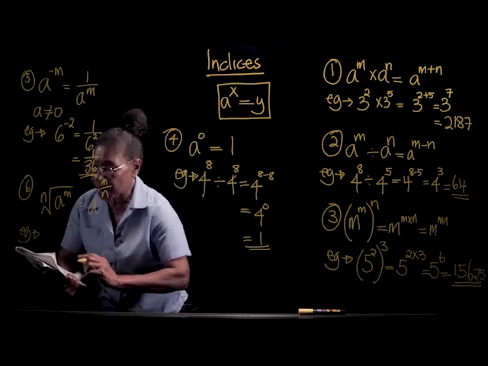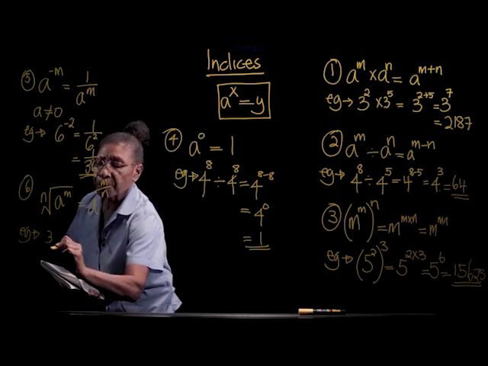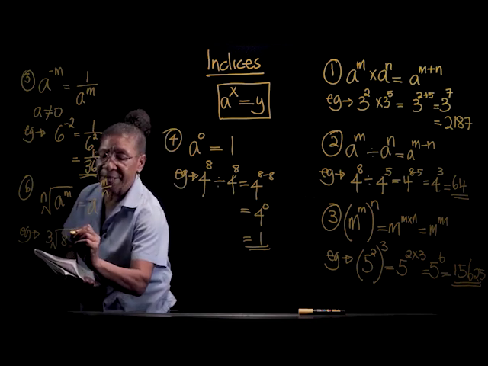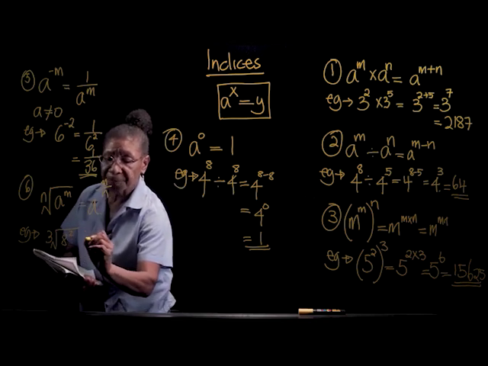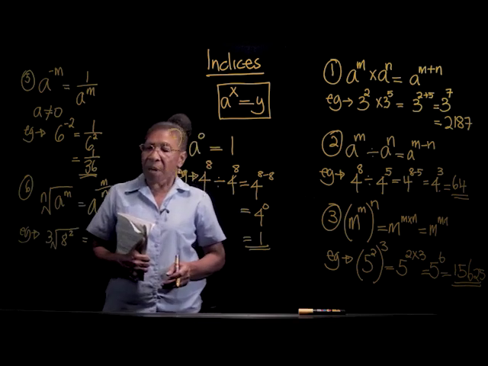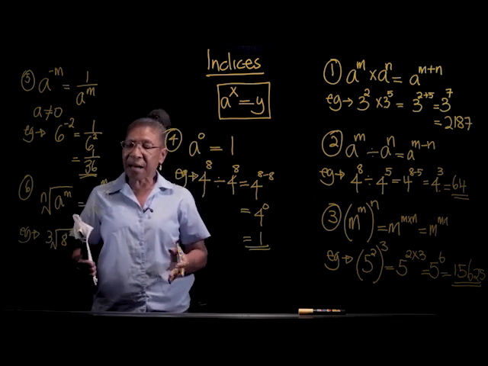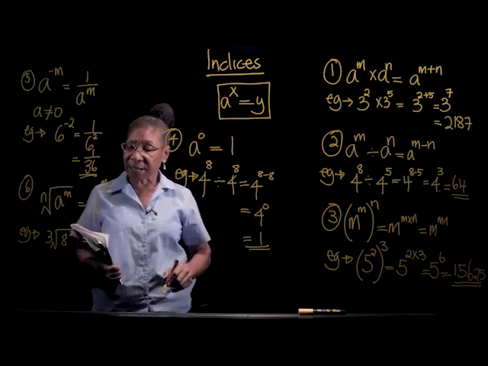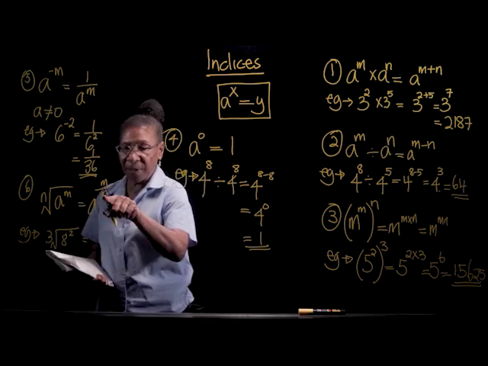If I have the cube root of 8 squared, the cube root of 8 squared simply means that I can write it into an index form or indices. It would look like this here.